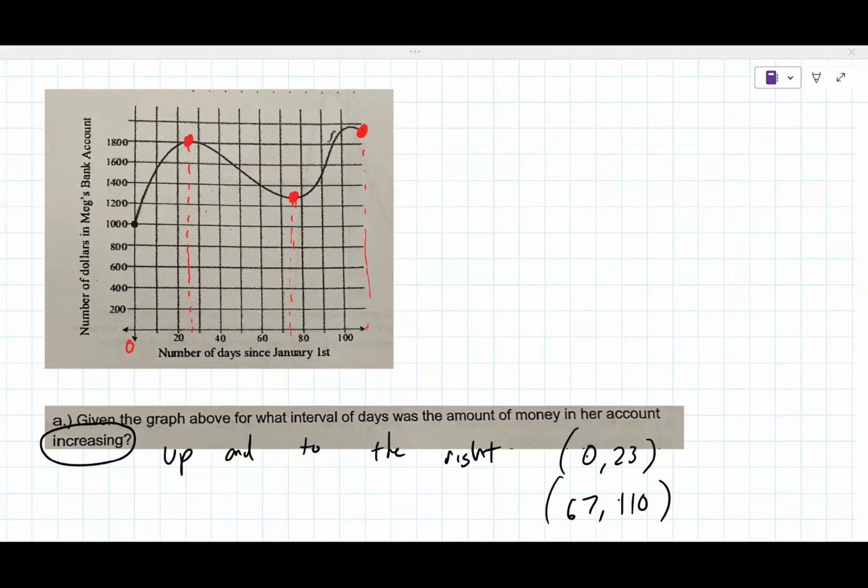I also write down 0, 23, and 67, 110, right? And the words up and to the right, that's important to remember. Any questions?